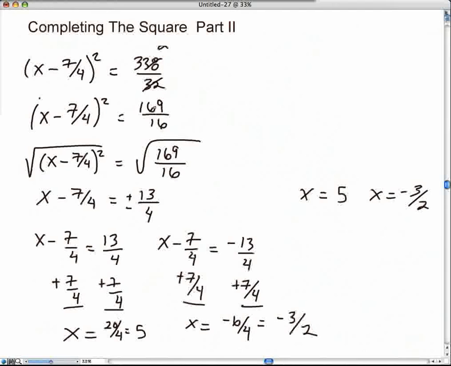And then there's two answers, two roots, and we had to solve for x, and that's what we did. We had two answers for our problem here, two roots. So that's how you do the trinomials in completing the square.